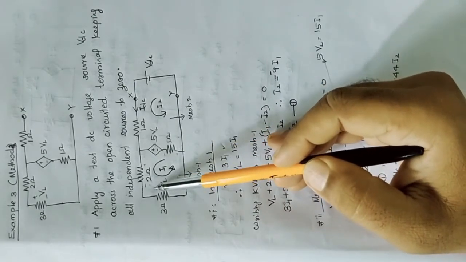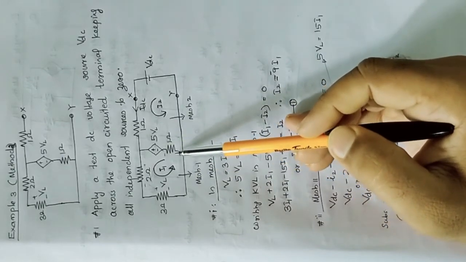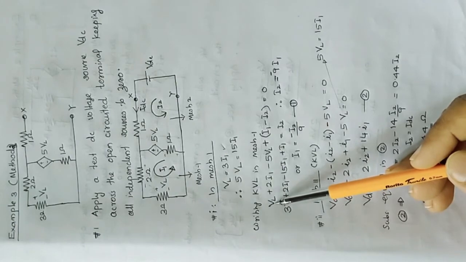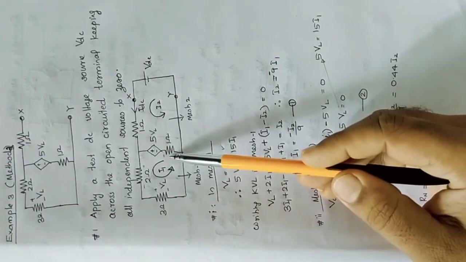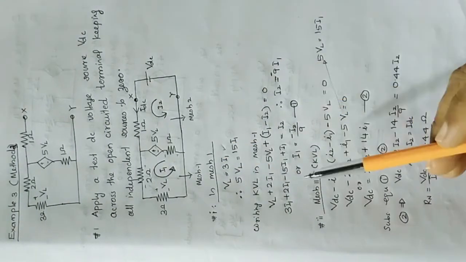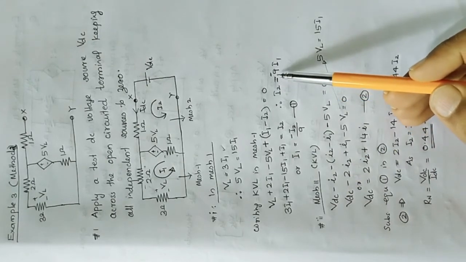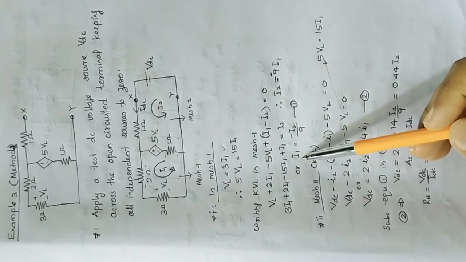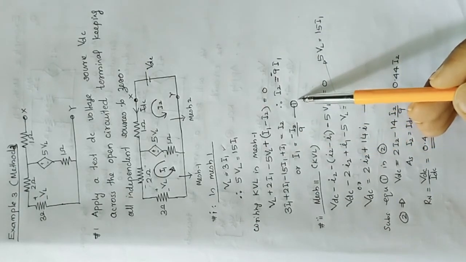So this is rise in potential, this is again rise in potential, this is fall in potential, again rise in potential. So the KVL equation becomes VL plus 2I1 minus 5VL plus (I1 minus I2) into 1, which is equal to 0. Simplifying, we can obtain the expression I2 is equal to minus 9I1. Again, I1 is equal to minus I2 by 9. Let it be equation number 1.